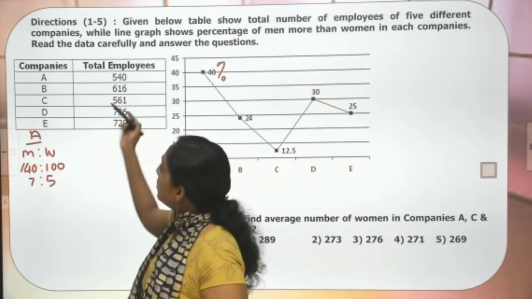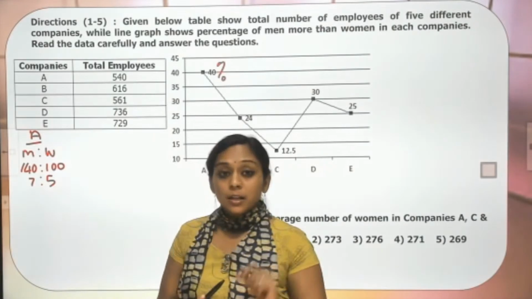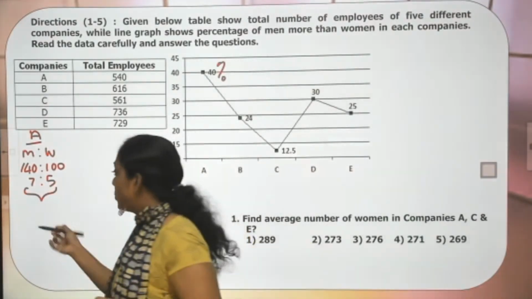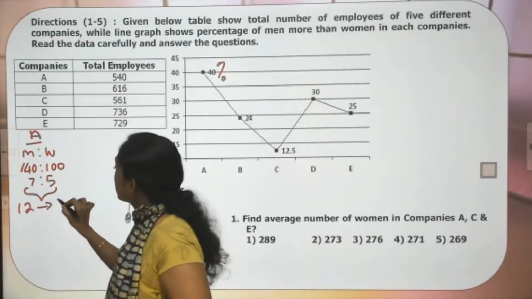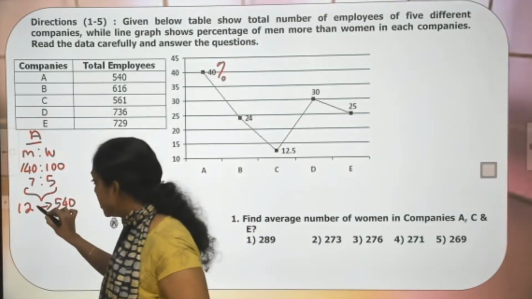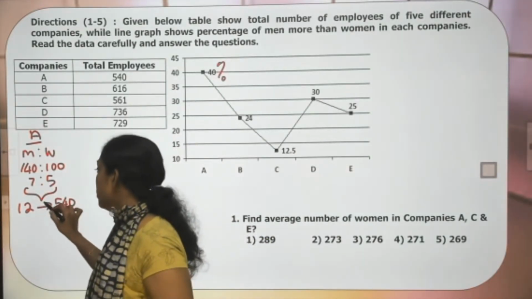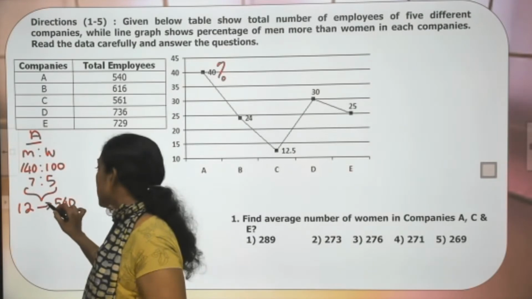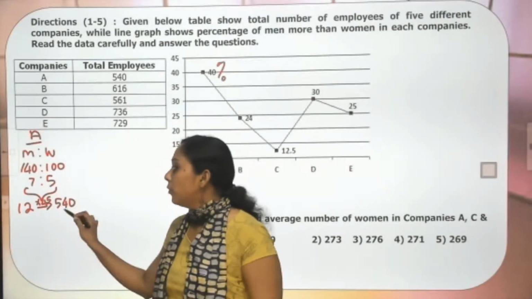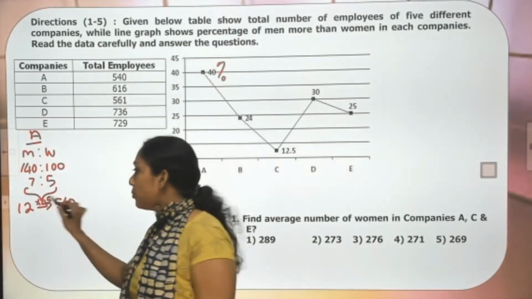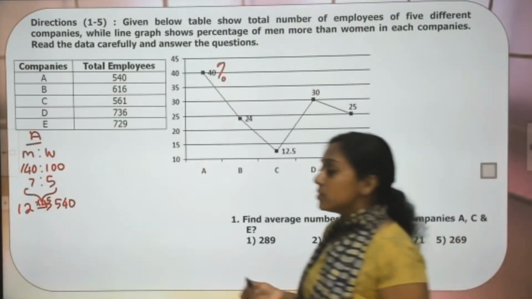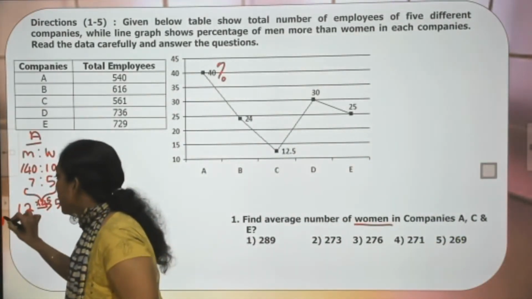Here you know the total employees in company A is 540. So 7 plus 5 is 12. So 12 is 540. What is the relation? Into 45. 12 into 45 is 540. Our question is related to the number of women, so I am going to find out the number of women.